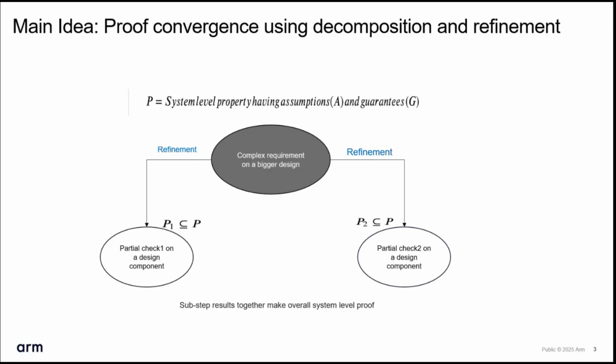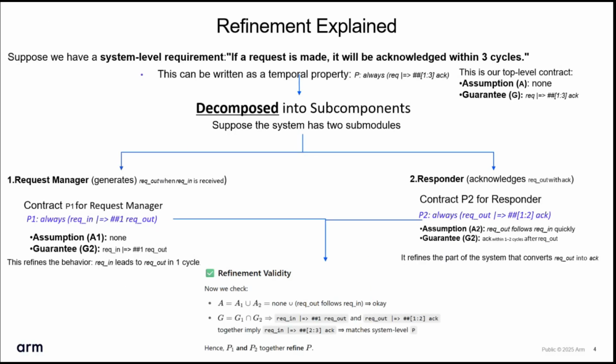Likewise, if we have another component to which the property P2 maps, that is also a subset of or equal to the property P. This is the theoretical idea based on which we decompose the properties. When these inequalities are satisfied, we say the properties are refining the system level property P.